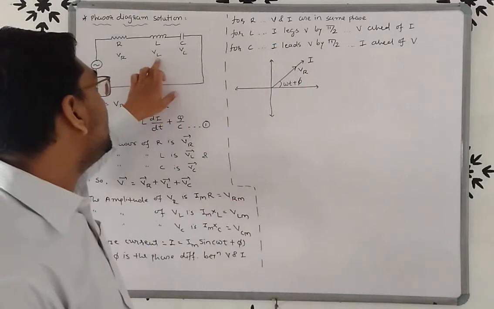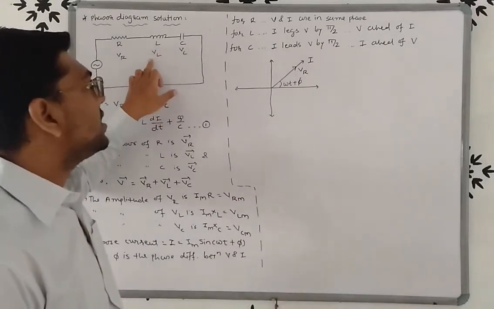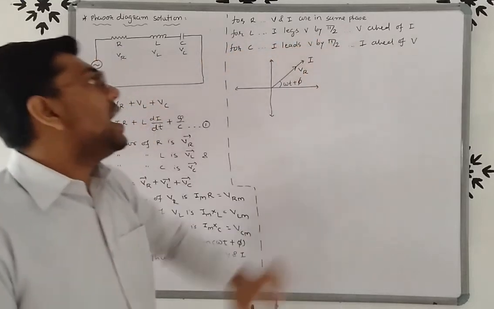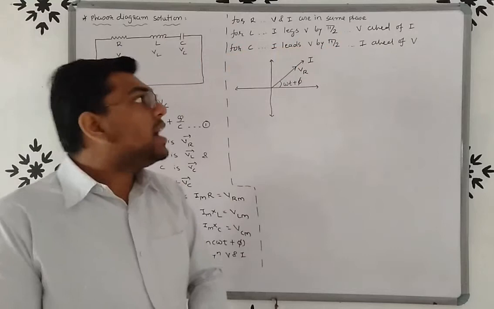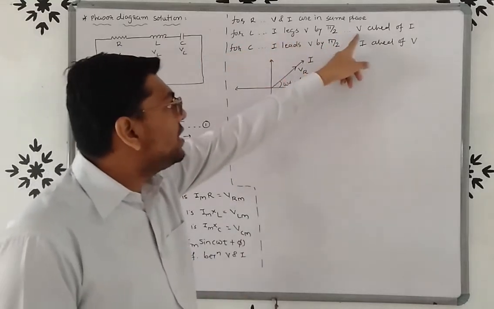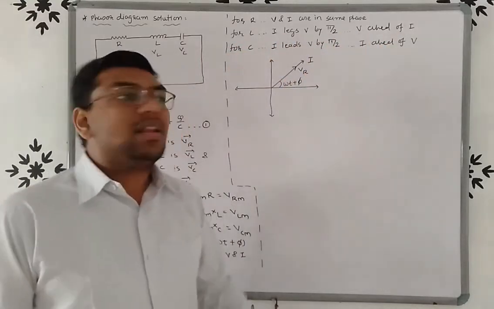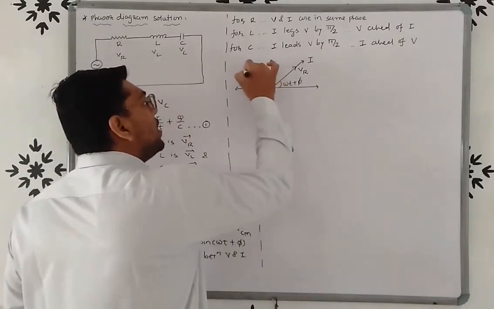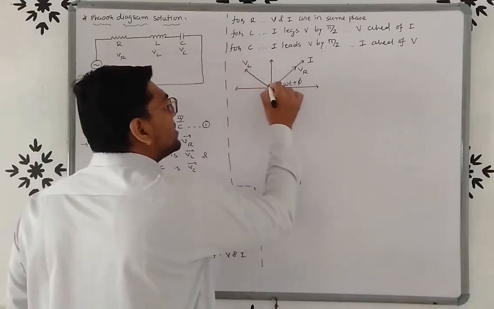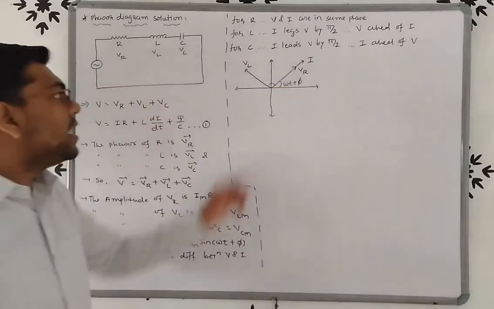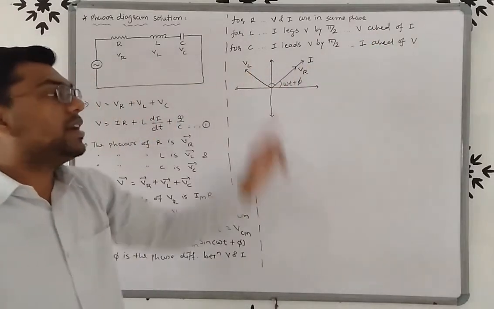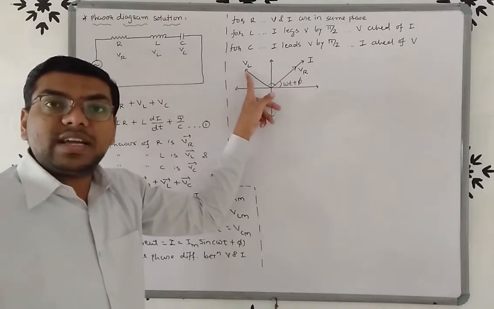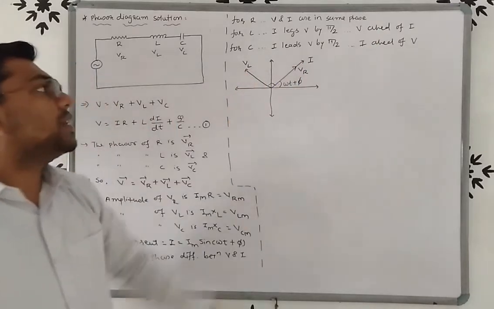Now for inductor, we know that voltage across inductor is VL, but for inductor current lags voltage by angle pi by 2, right? So here we can say that voltage is ahead of current by angle pi by 2. So this is the voltage across inductor, this angle pi by 2, right? So voltage is ahead of current for inductor, you can see in this figure, this voltage VL, that means voltage across inductor is ahead of current.